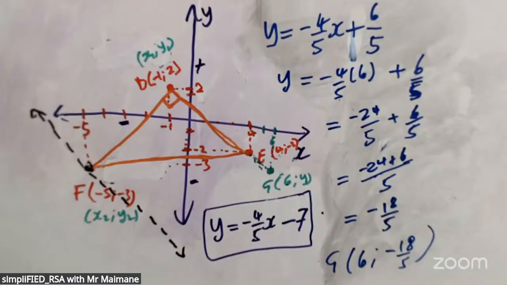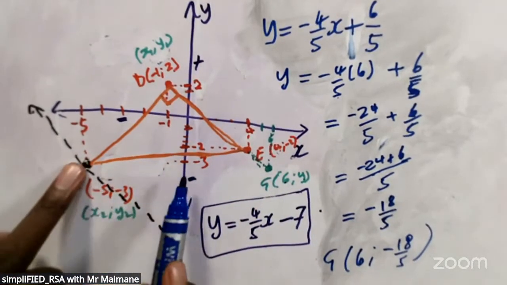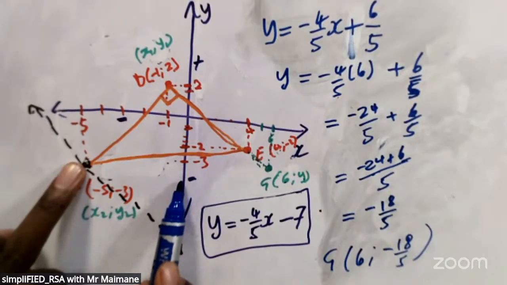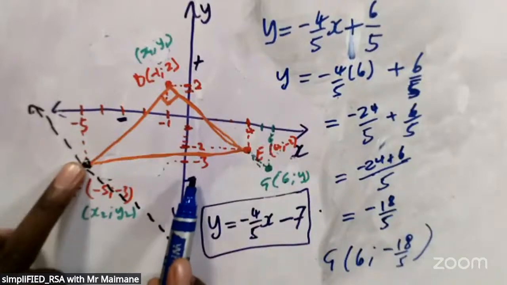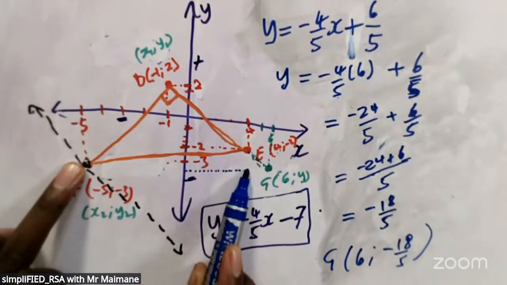Which makes sense because negative 18 over 5 is roughly negative 3.6. And remember, our 3 is here because of this point. So if 3 is here, probably 4 could be here, and then 3.6 would be somewhere there.